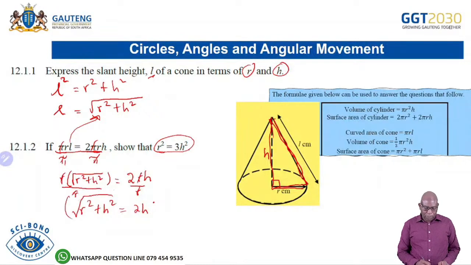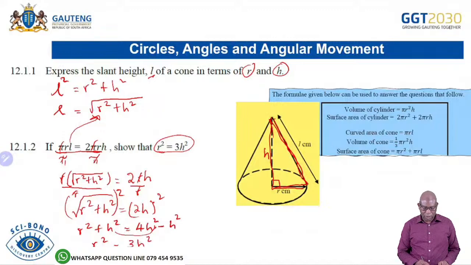So if I square both sides, I'm going to have R squared plus H squared equals 4H squared. Then I can transpose the H squared to this side. I'll have R squared equals 4H squared minus H squared. I'm going to have 3H squared. Can you see, this is what we are required to find.